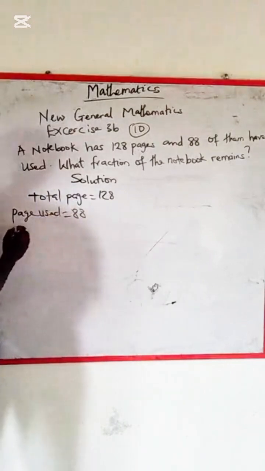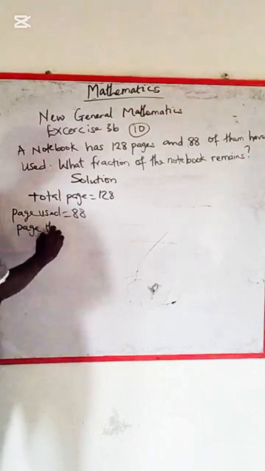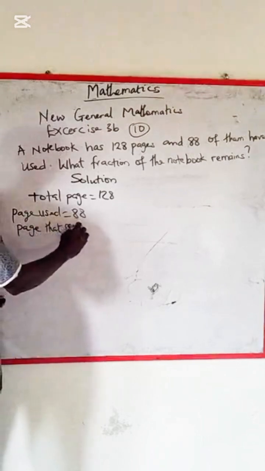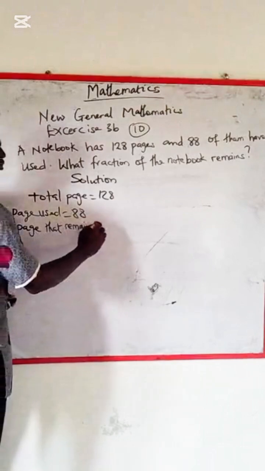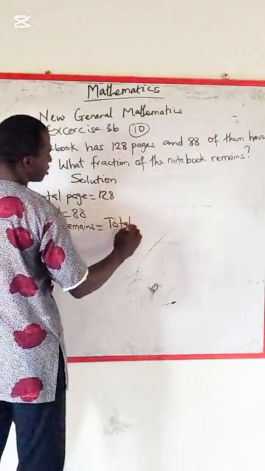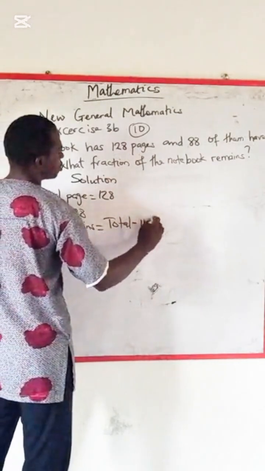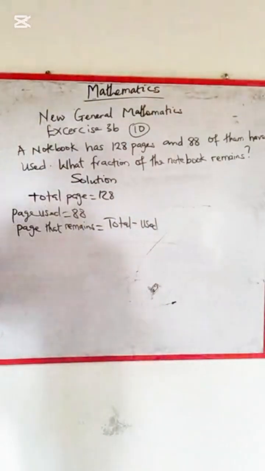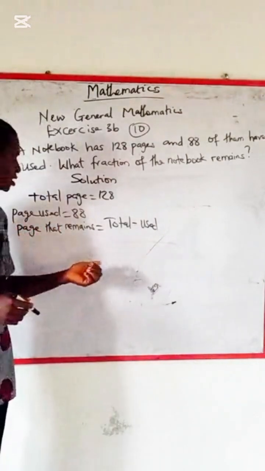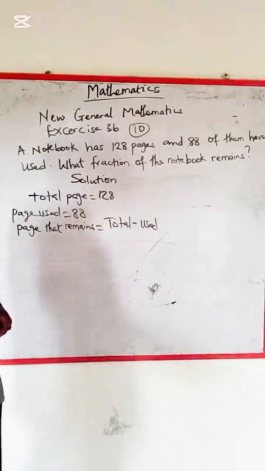Then to get what you are asked, first of all, we are going to look for the page that remains. I'm writing it right here on the board. The page that remains is equal to total minus used.